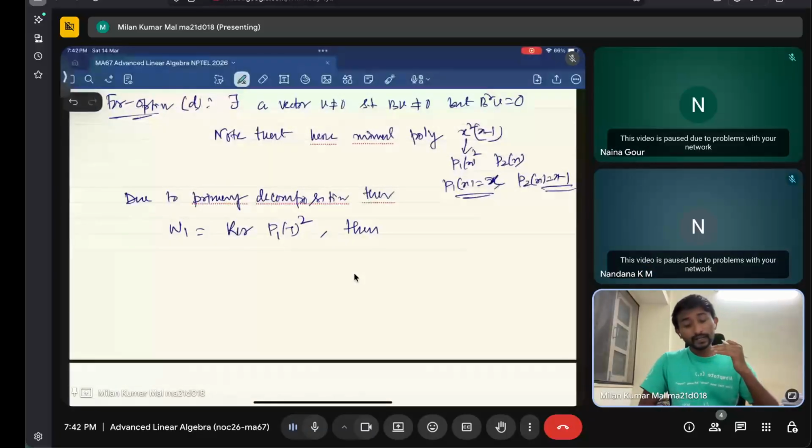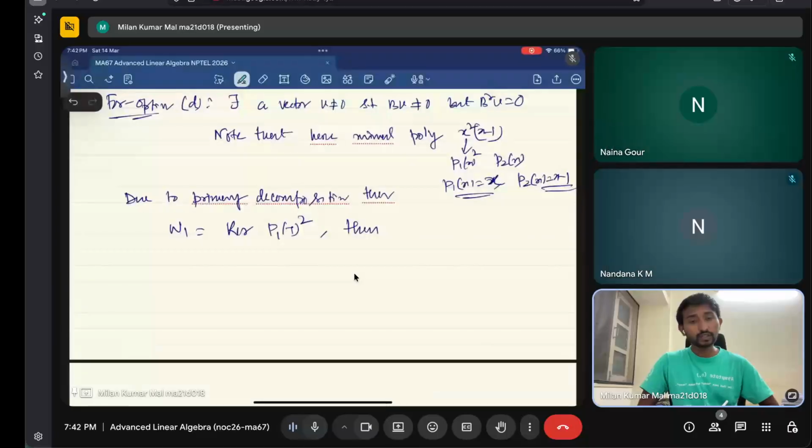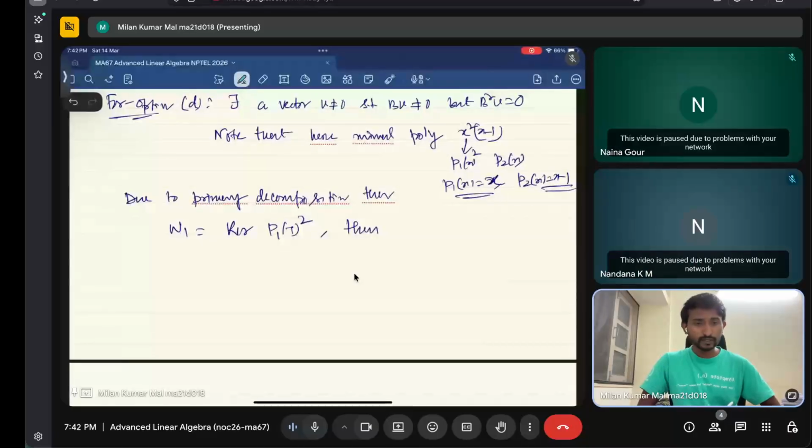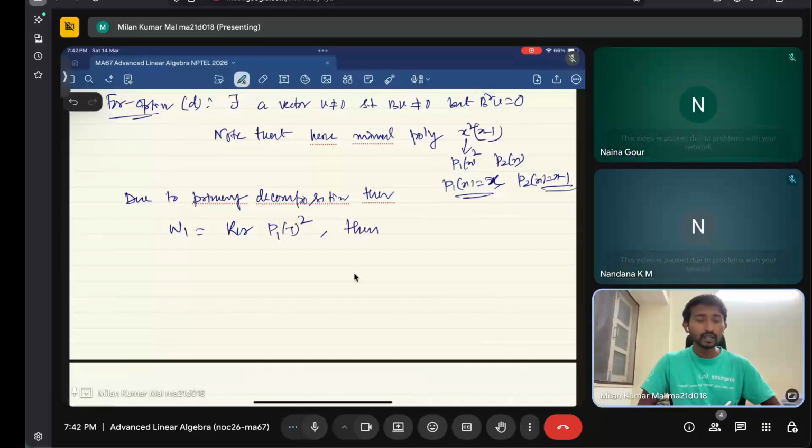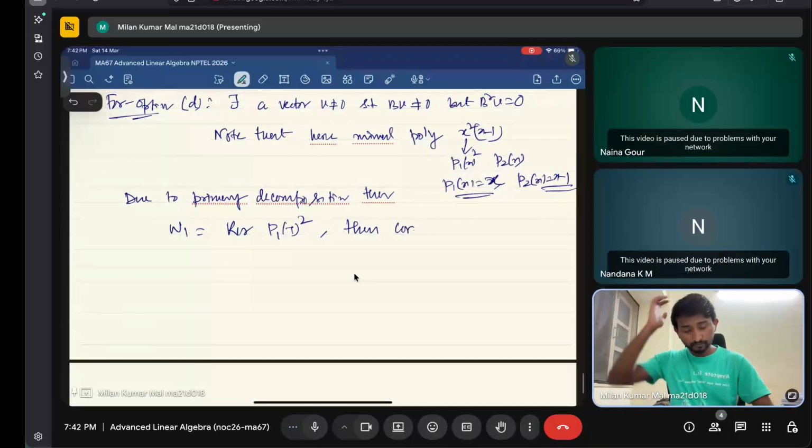So corresponding to that eigenvalue, the algebraic multiplicity is actually 2 or 3, whatever it is. But at least the algebraic multiplicity will be 2 because the minimal multiplicity is 2. That's why the dimension of W1 is at least greater than or equal to 2.